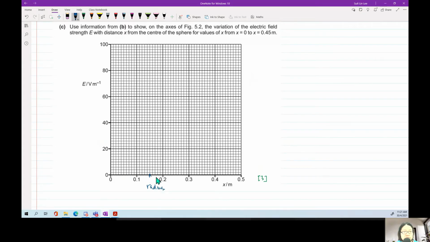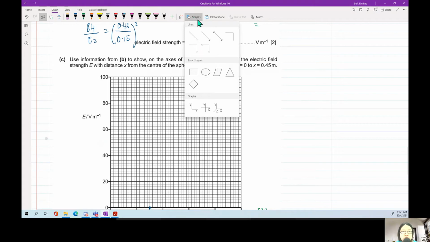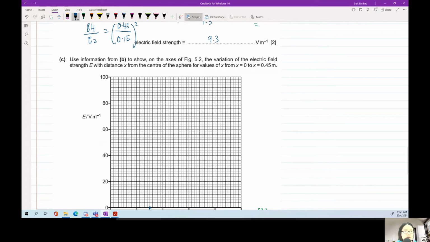This point. So in the interest of helping you visualize, I will draw the sphere on the graph and hope for the best. So the sphere will be something like this. Wait.